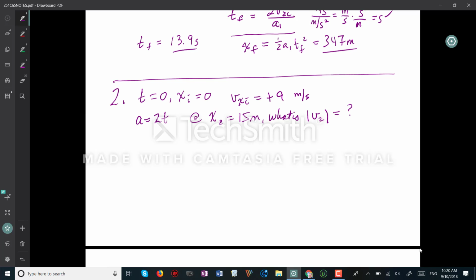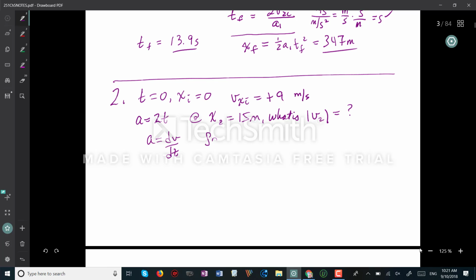So, how do we start? We need a position relationship and a velocity relationship. May I use what I did in the previous question? Why not? Exactly, it's not uniformly accelerated motion. Well, if I can't use all those beautiful equations, where do I turn? I turn to the definition. a is dv/dt.